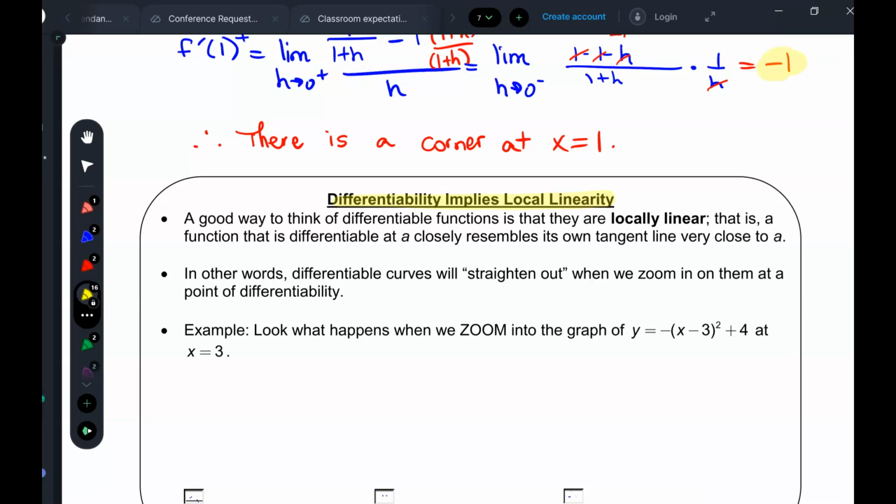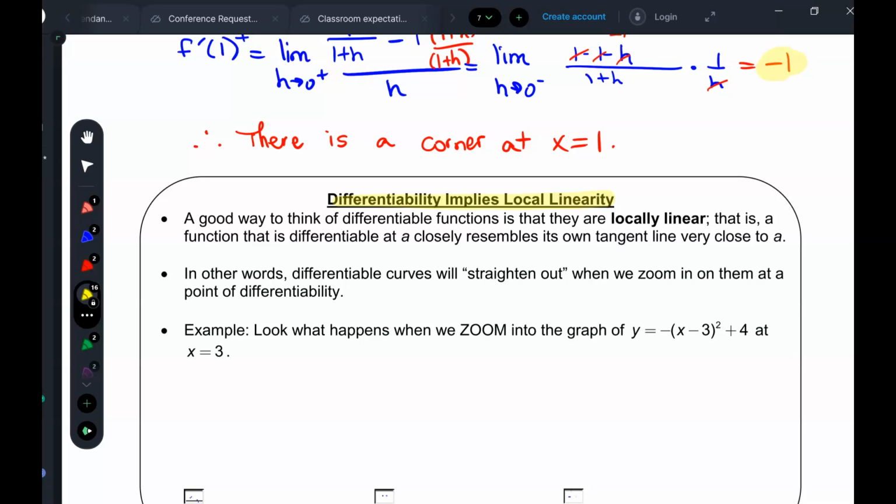Okay, differentiability. I guarantee you, this is not the hardest thing you'll learn. On your paper, you have little graphs at the bottom. Let me explain what differentiability means: local linearity.